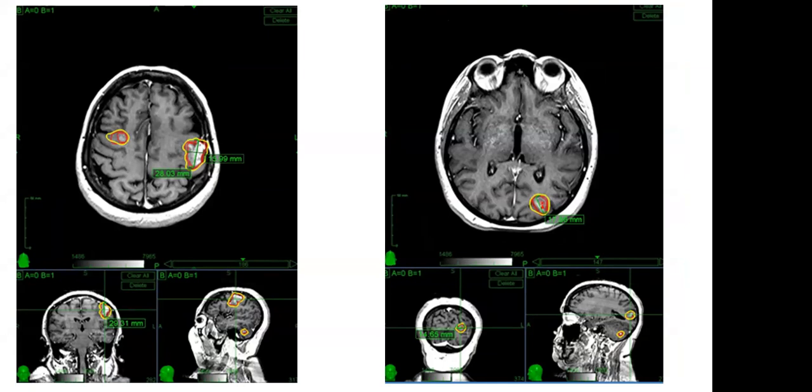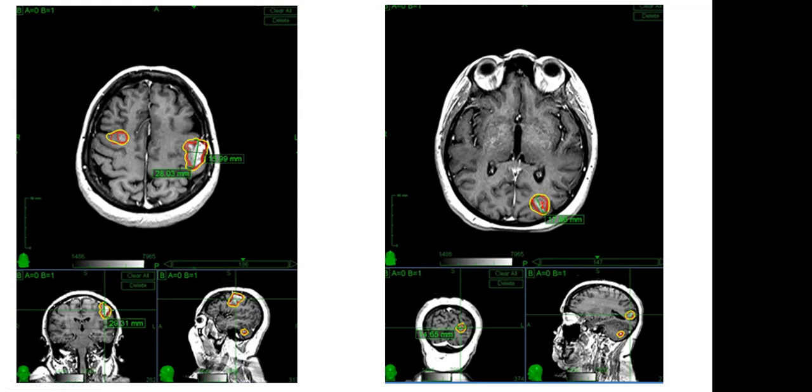So in this case, you can see possibly there is a parenchymal disease, but it's not just parenchymal, there is definite meninges involvement, because this type of diffuse tumor or diffuse lesion is not classical for a parenchymal brain met.